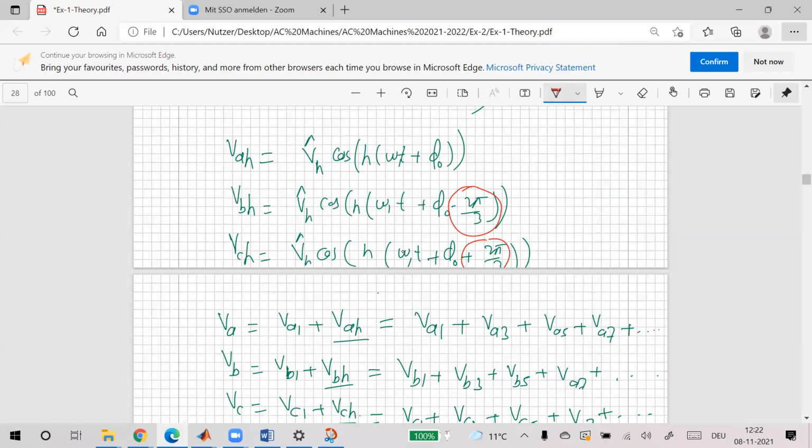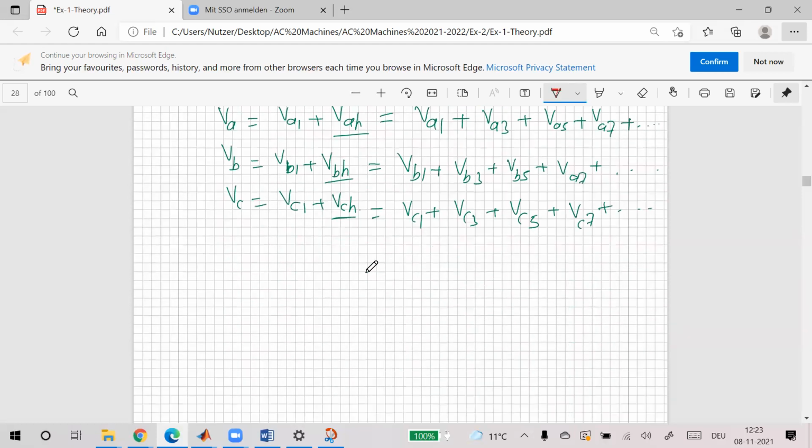If we get here plus 2 pi by 3 and here minus 2 pi by 3, it means negative. If we get minus as it is, then we know it is positive sequence. If you want to know whether it is positive or negative sequence, you see the B and C phase, and you see their phase lag. Which one is leading, which one is lagging? Either B is leading or B is lagging. So let's see it when H is equal to 5. Let's start with 3.